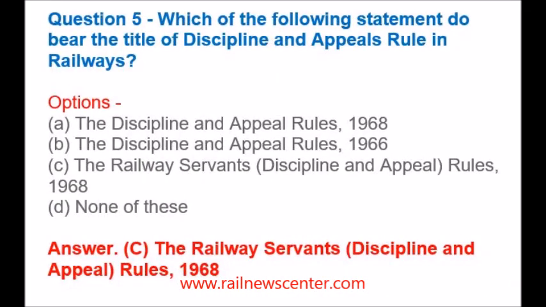Question 5. Which of the following statements bears the title of Discipline and Appeals Rules in Railways? Options. A. The Discipline and Appeal Rules, 1968. B. The Discipline and Appeal Rules, 1966.